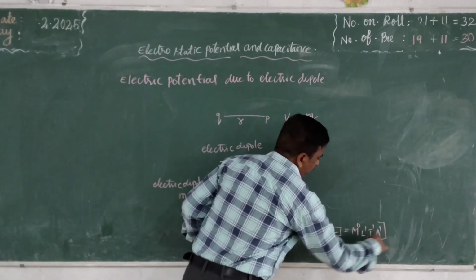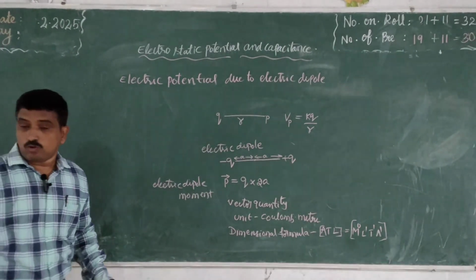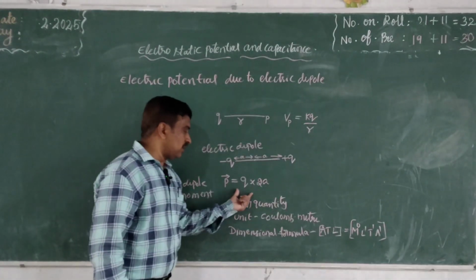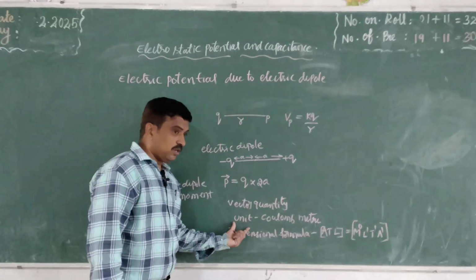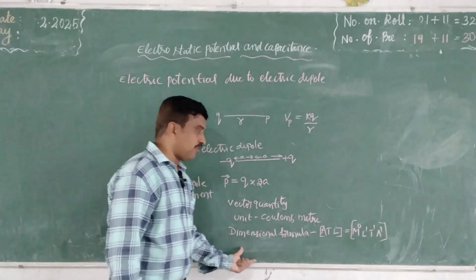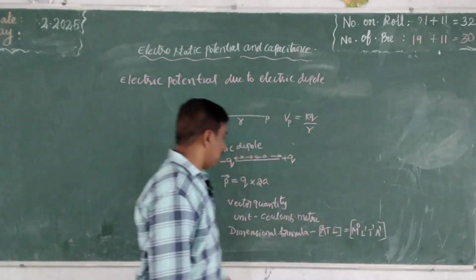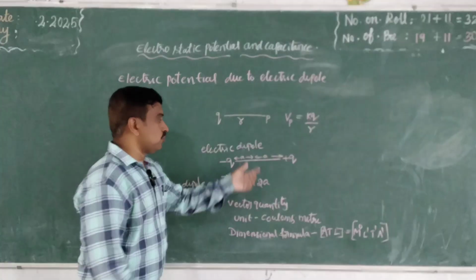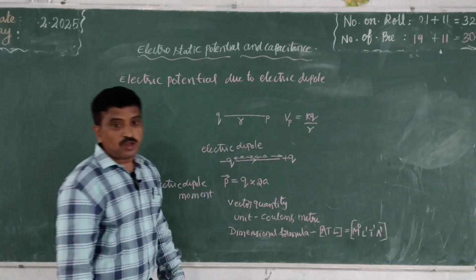This is the dimensional formula of electric dipole moment. Its direction is from minus q to plus q. This is the direction of electric dipole moment.